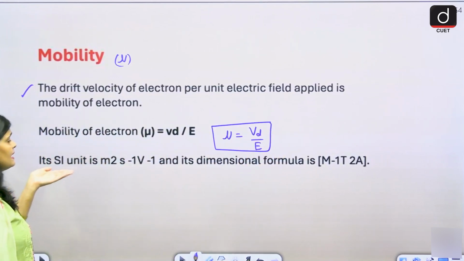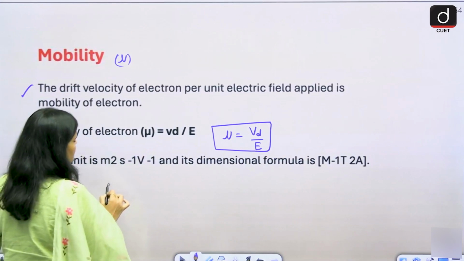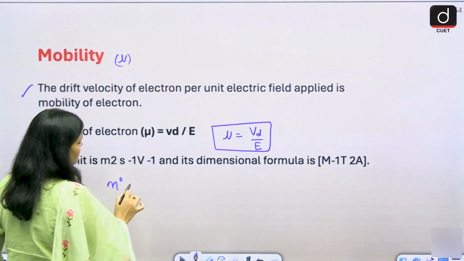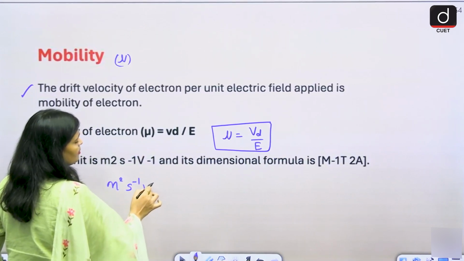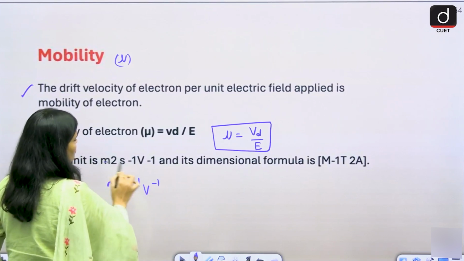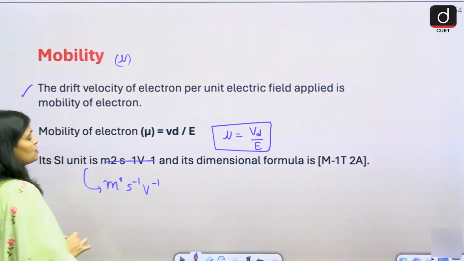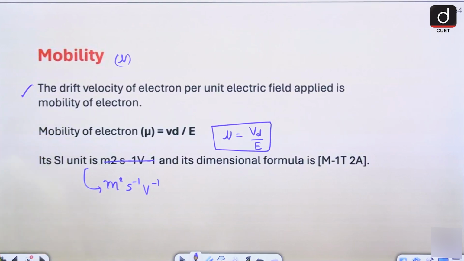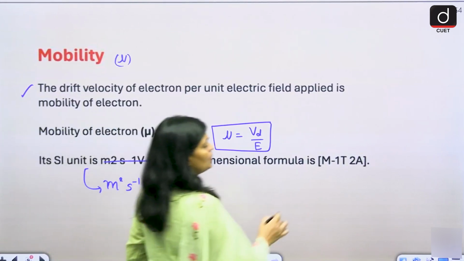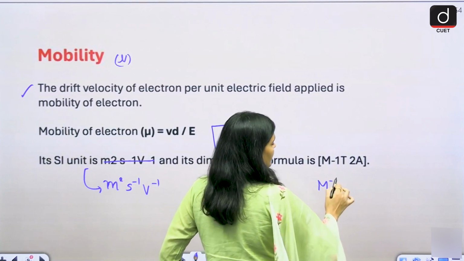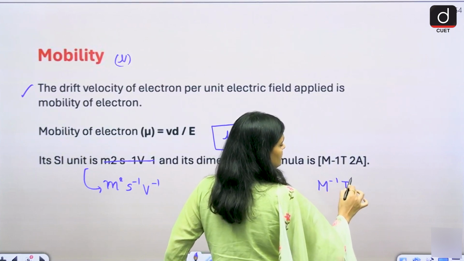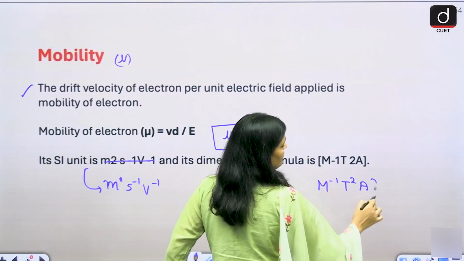Now its SI unit is meter square per second per volt. So this is the SI unit, right? And its dimensional formula is M minus 1 T2A.